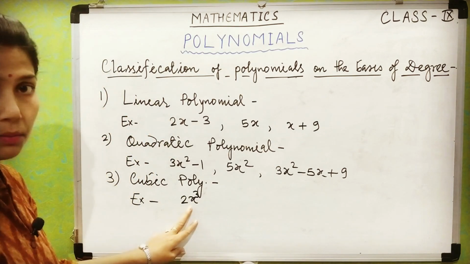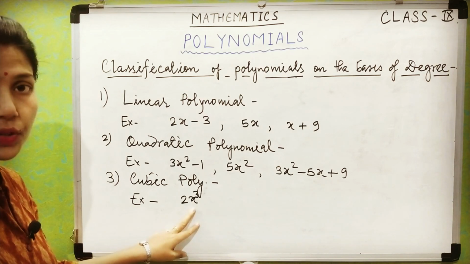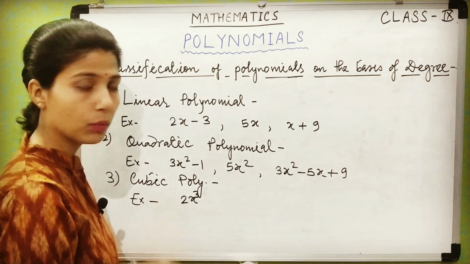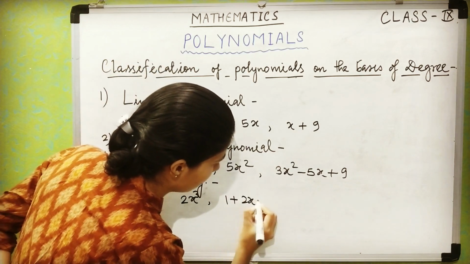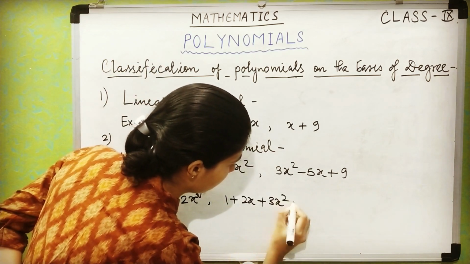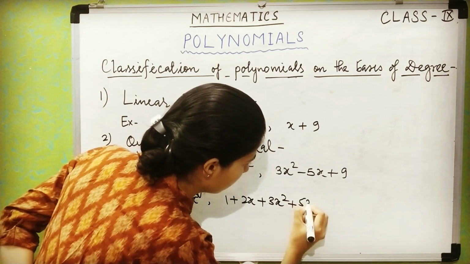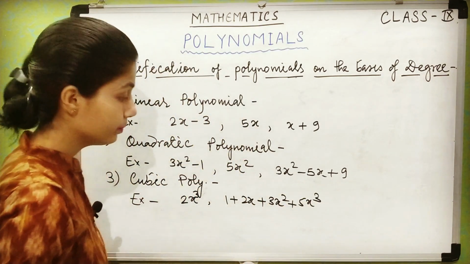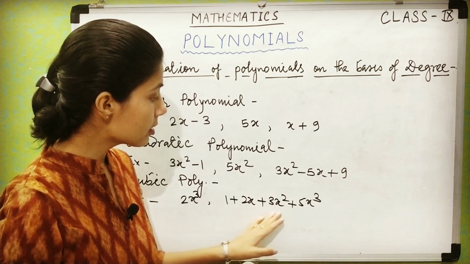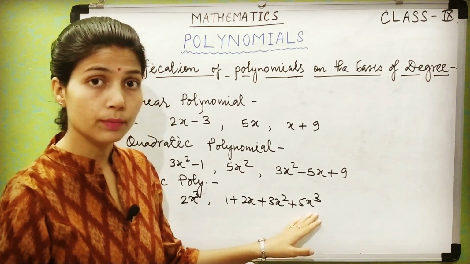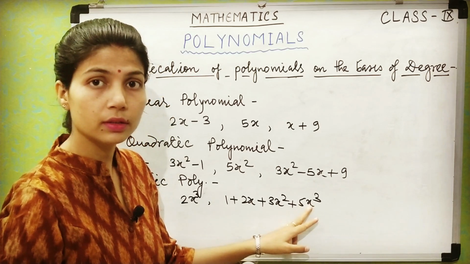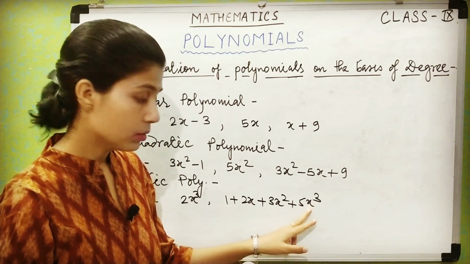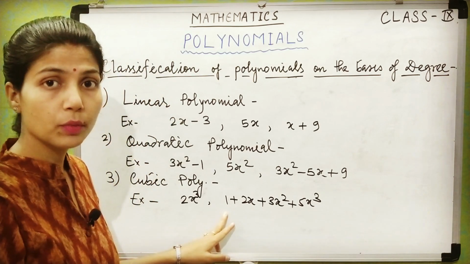Here only one term, but the degree is 3, so it will be a cubic polynomial. Now see, 1 plus 2x plus 3x square plus 5x cube. The highest power of x is 3, meaning the degree is 3, so it will be a cubic polynomial.